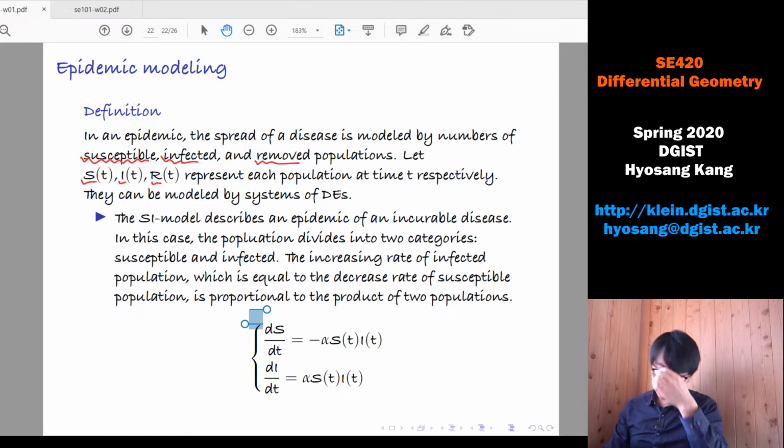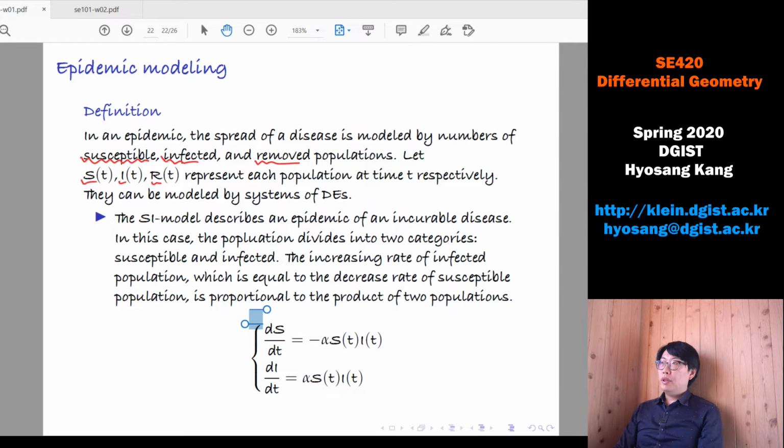And you can also model a different situation, like not all cured people are immune to this virus. For example, this coronavirus has a special characteristic that even people who were cured from this virus are also capable of being infected again.